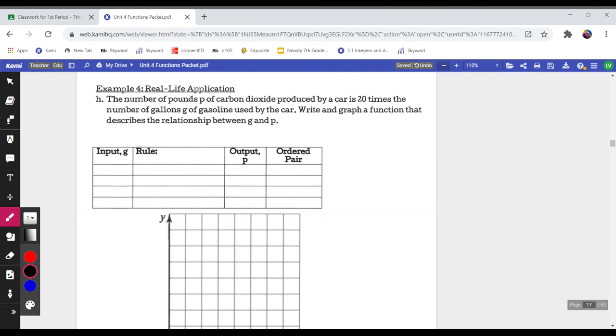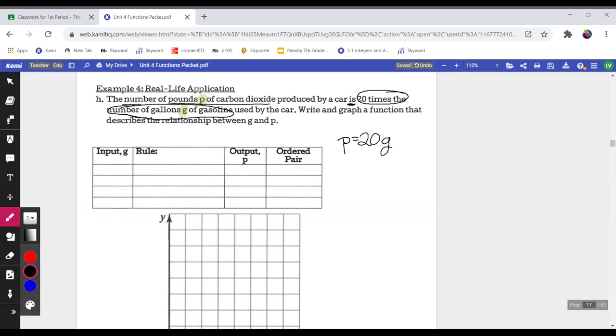Write and graph a function that describes the relationship between G and P. Well, here's my P and there's my G. So the number of pounds P of carbon dioxide produced by a car is... So far I have P is 20 times the number of gallons G of gas. So that's 20 times G.